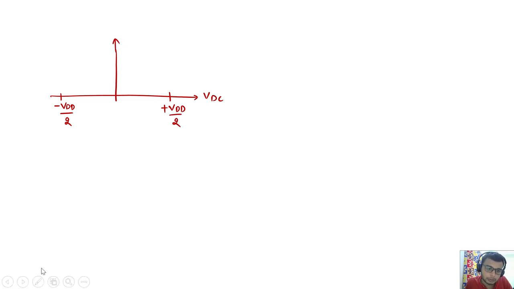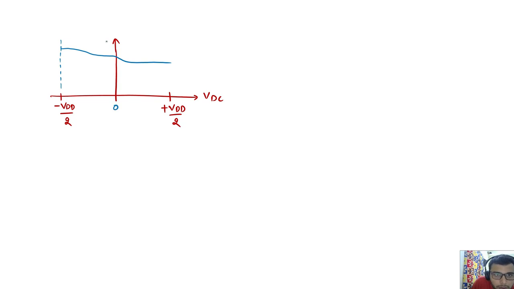So from here it should be clear. From minus VDD by 2 to plus VDD by 2 of my VDC, the Vy node is somewhere here, going slightly lower and nearly something like this.